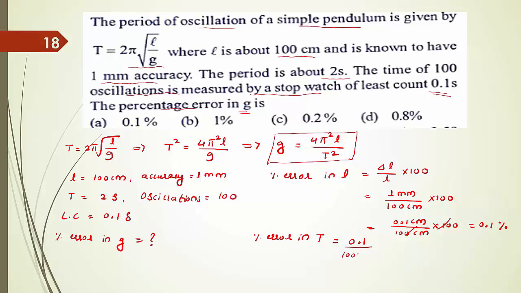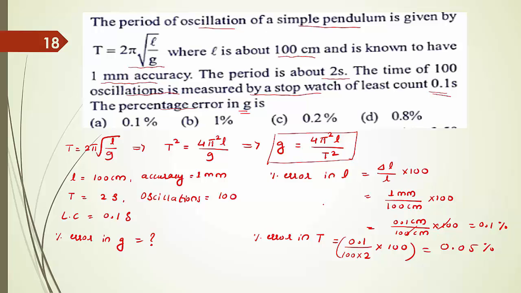So 0.1 divided by 100 into 2, into 100 in terms of percentage. So we get 0.1 divided by 100 into 200, into 100, and the final answer is 0.05%. This is the percentage error in time period.